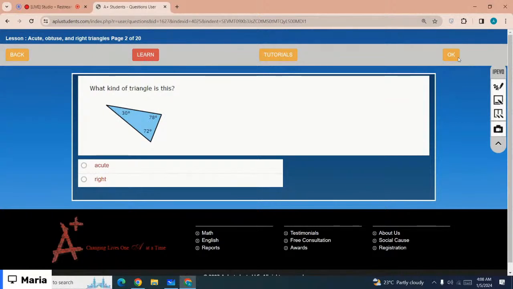That is an acute triangle. Why? Because all the angles are less than 90 degrees. So that is the acute triangle. Got it? The correct option is acute.